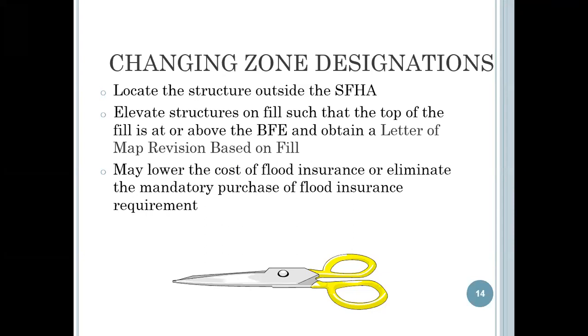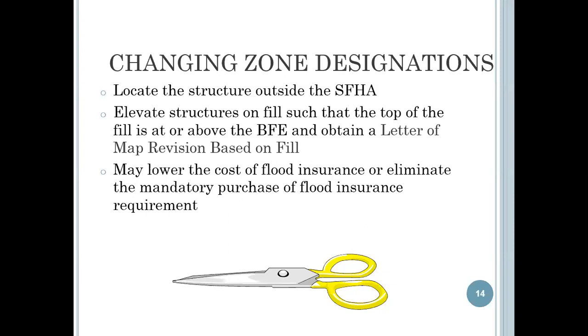As we move structures into the floodplain through a map change, we have a newly mapped procedure for those that are going in that has a lower increase percentage as we move into the age of the map and the age of the policy to account for that higher risk of being now in the special flood hazard areas.